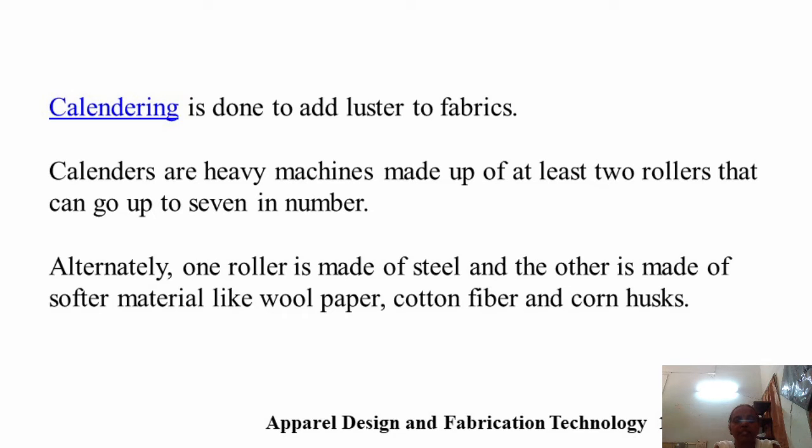Calenders are heavy machines made up of at least 2 rollers that can go up to 7 in number. Alternately, one roller is made of steel and the other is made of softer material like wool, paper, cotton fiber or corn husks.